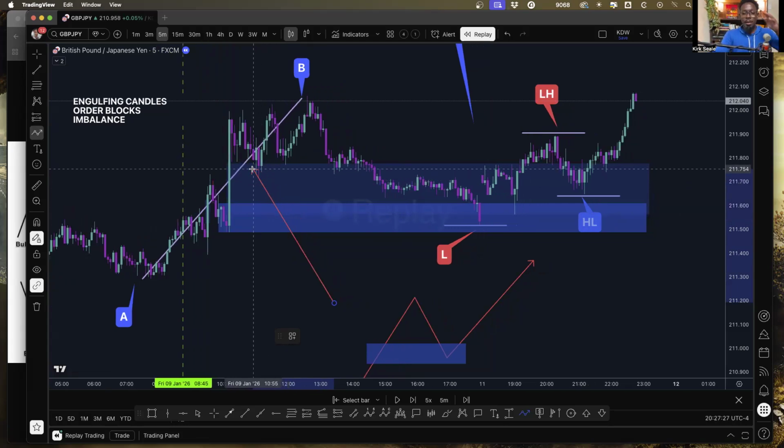Since price is going up, let's imagine that these engulfing candles are core memories in life when we did fantastic stuff, right? You aced your exams. You won your first race, like hurdles or something. Every time these engulfing candles show up, it's a core memory.